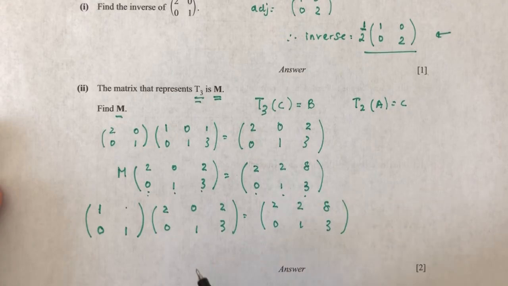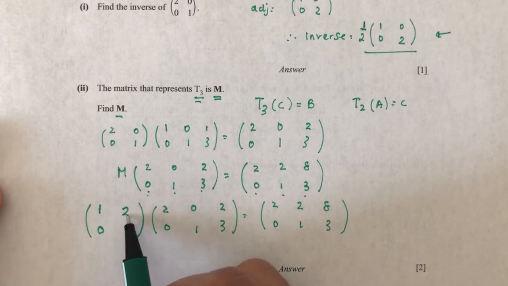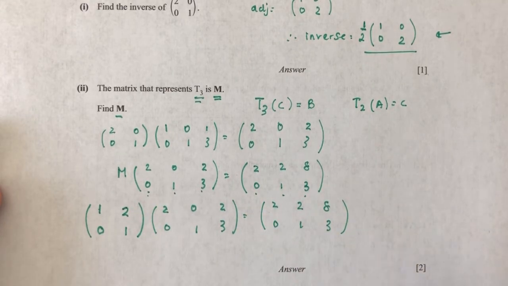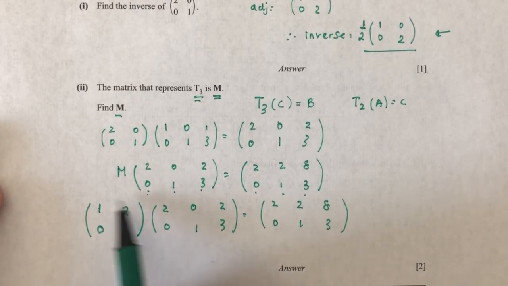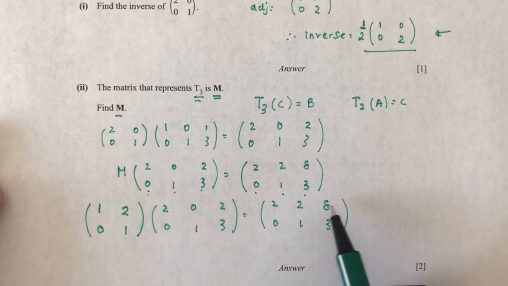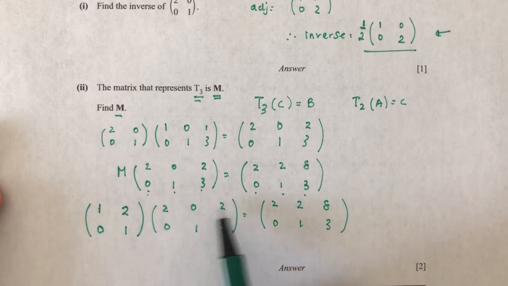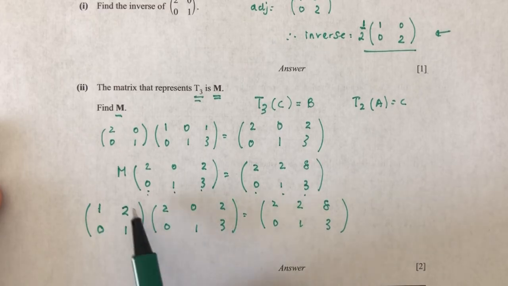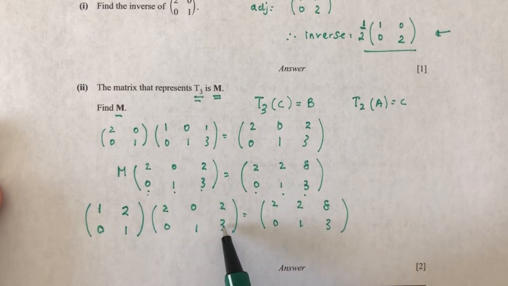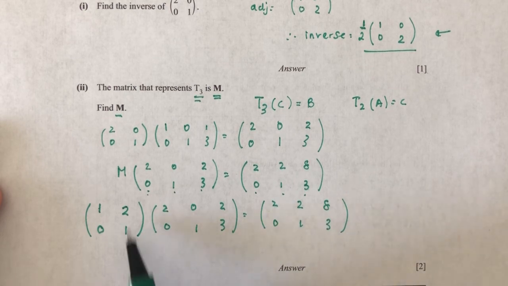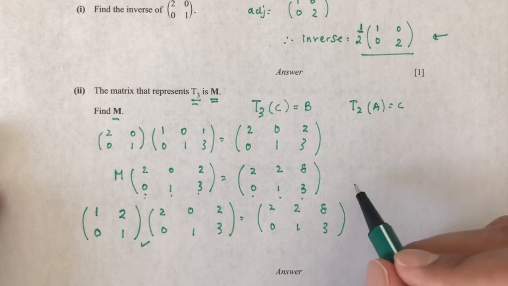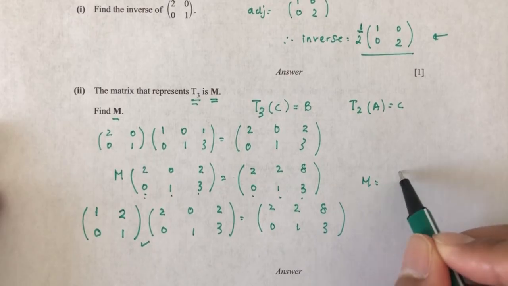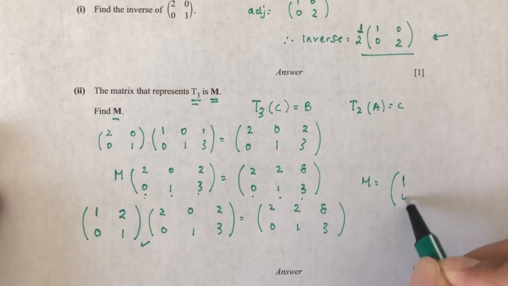There's only one choice: 2 times 1 equals 2. Now we use these two numbers to check if it is right. 1 times 2 is 2, plus 2 times 3 is 6. 2 plus 6 is 8, which means this is good. So your matrix M will be equal to 1, 0, 2, 1.